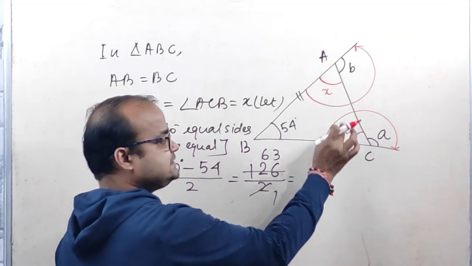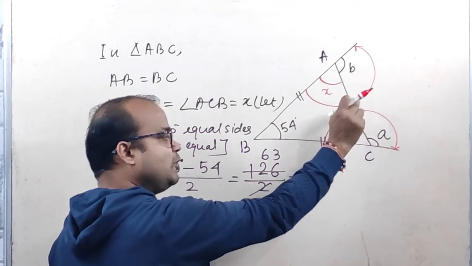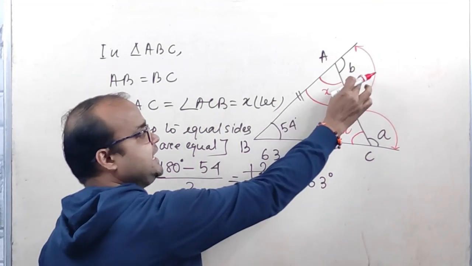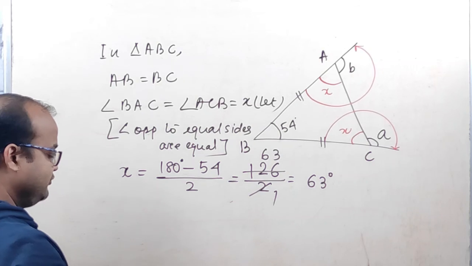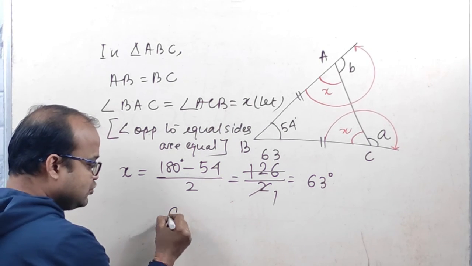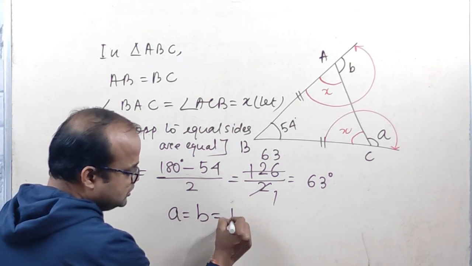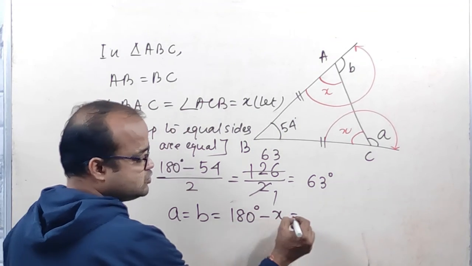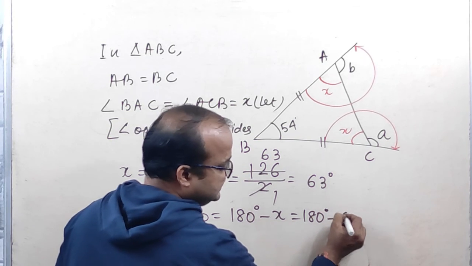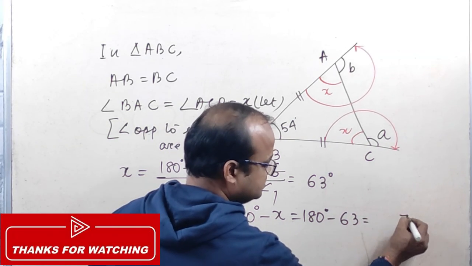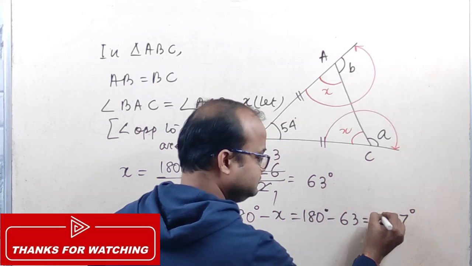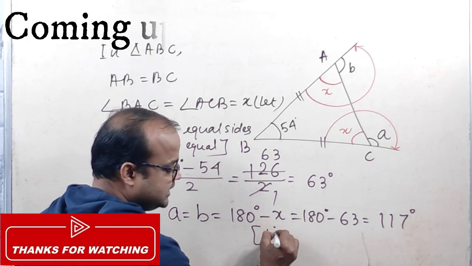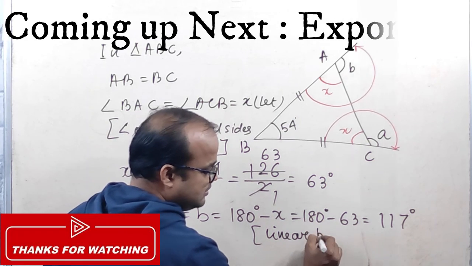If these two parts are the same, obviously A and B are equal and equal to 180 degrees minus X. So A equals B equals 180 degrees minus X. So 180 degrees minus 63 degrees, 117 degrees, and the reason is they are a linear pair.